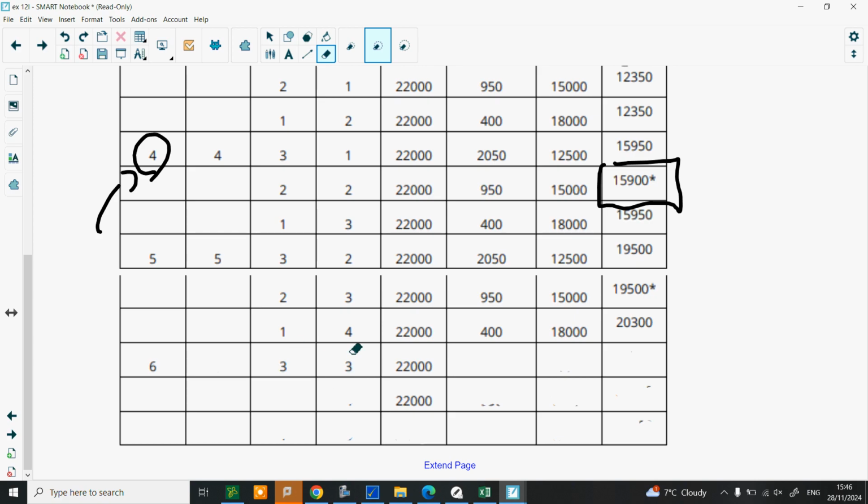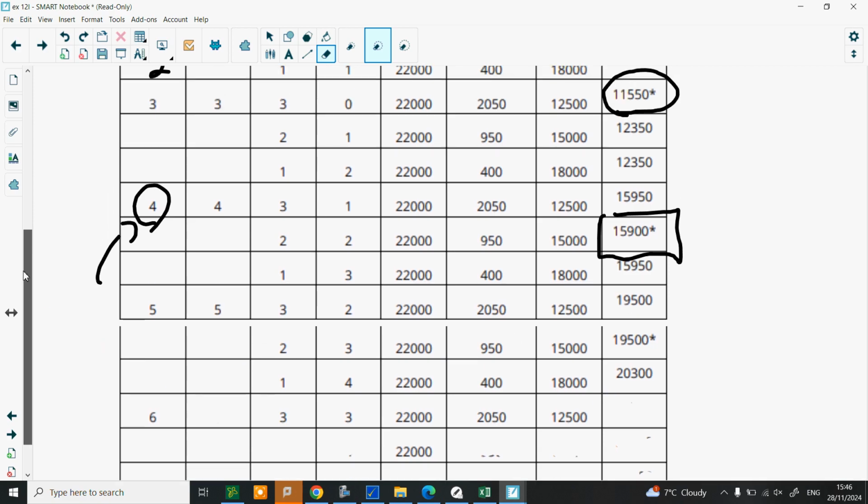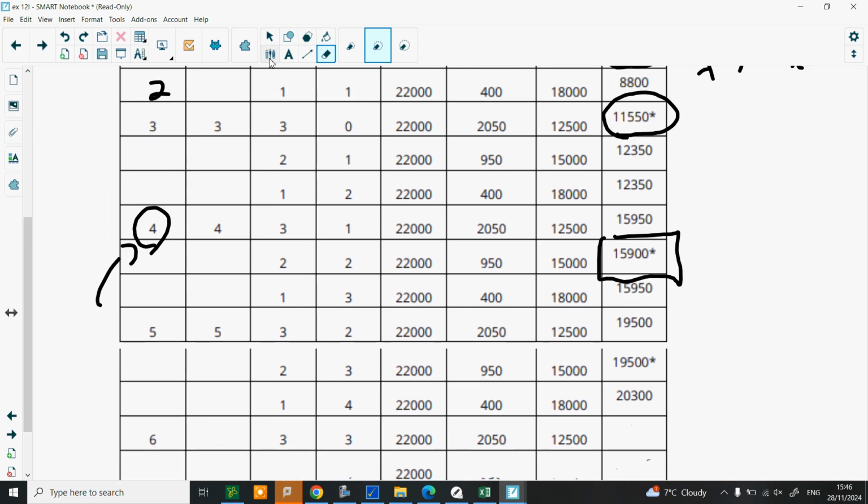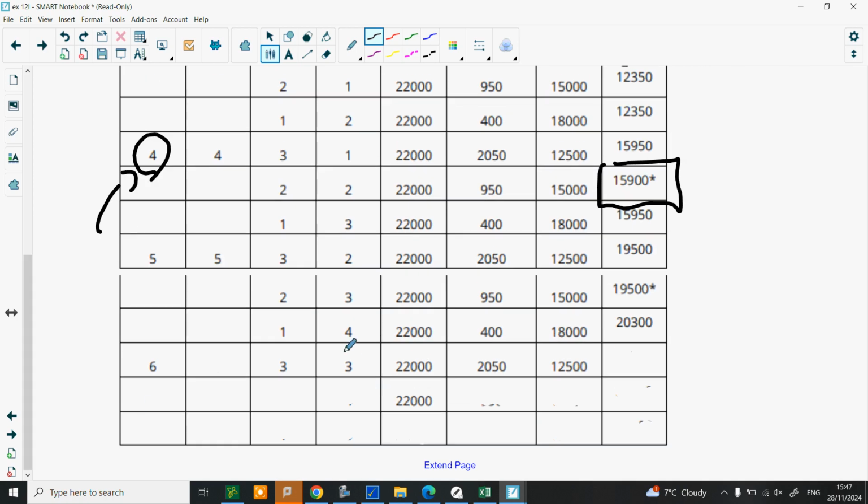Now, what about the next one, guys? 3 what? We do 3, can't we? 3 years of maintenance, sold after 3 years. The least expensive 3 years is 11,550, right? So 11,550. Add them together and take away that one, and you should get 23,100.